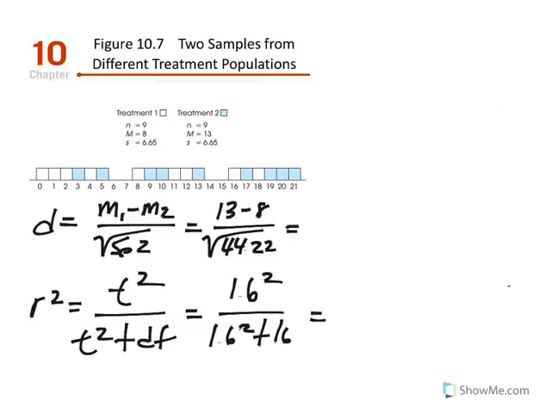So again, in your calculators, you probably came up with something very different, and that did not make sense. So in your calculators, 5 divided by the square root of 44.22 should yield a value equal to 0.751, or we could say 0.75.